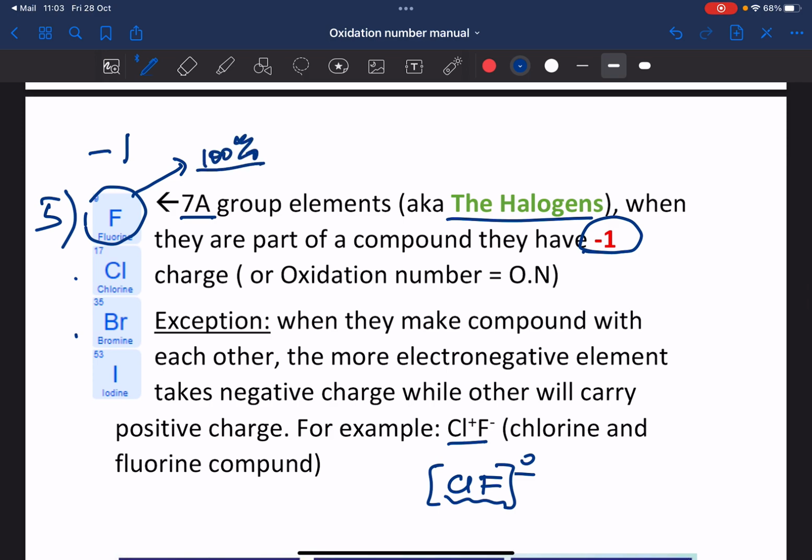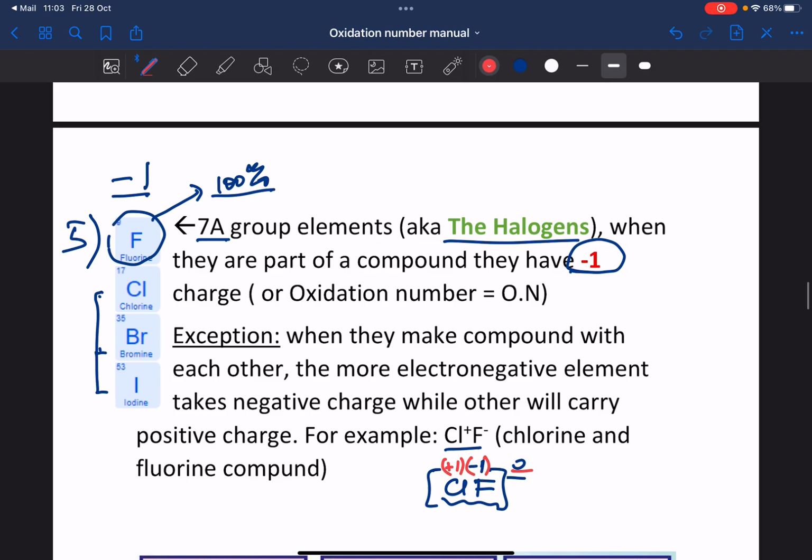These guys are -1 too, but they just have a little bit of exception. But fluorine is 100% -1 because it's the most electronegative element. So we'll put -1 on fluorine, and these two charges need to add up to zero. So we're gonna make this one +1, so they add up to zero. This is the only exception, but other than that, -1.